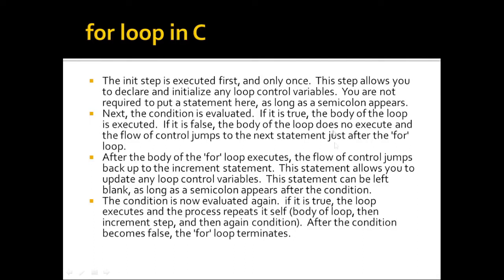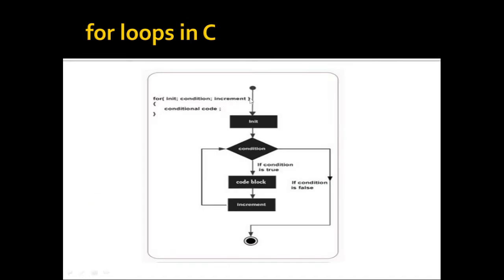To explain this again, we're going to use a flow chart. Here's the initialization. The initialization will be executed first and only once. Then after that, the condition will be evaluated. If it is true, then the block of code here will be executed. After executing the block of code, it will execute the increment.